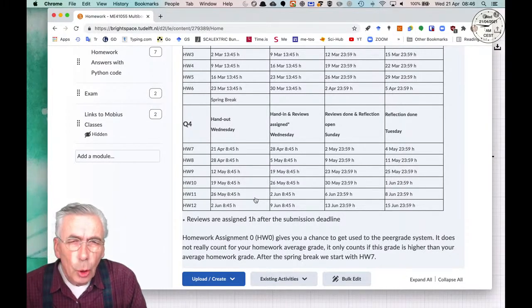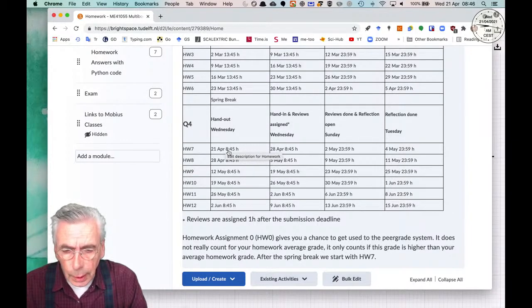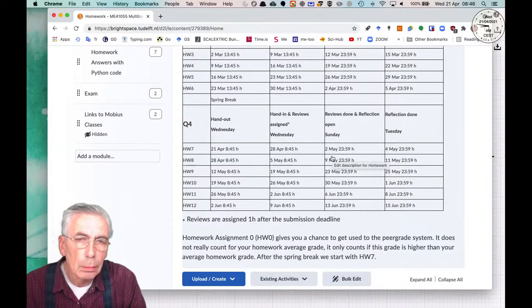The schedule for the homework, and that is important, is of course adapted to that, in the sense that the handout is again here on the Wednesday. The hand-in is the next Wednesday, of course, and then, and this is important, there is when the reviews have to be done and when the reflection is open. That's on a Sunday night, from Sunday to Monday.